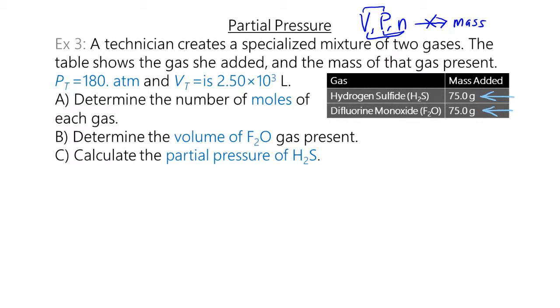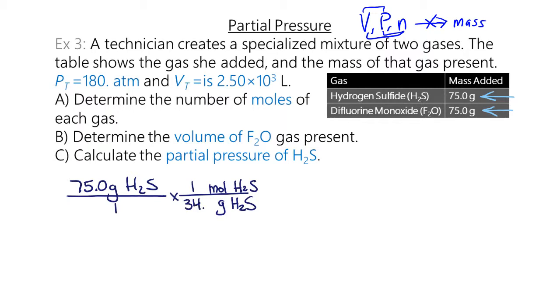So part A, we're going to determine the number of moles of each gas. There are 75 grams of hydrogen sulfide, and I'm going to turn those grams of hydrogen sulfide into moles of hydrogen sulfide using the molar mass as my conversion factor. 1 mole of hydrogen sulfide has a mass of 34.1 grams.